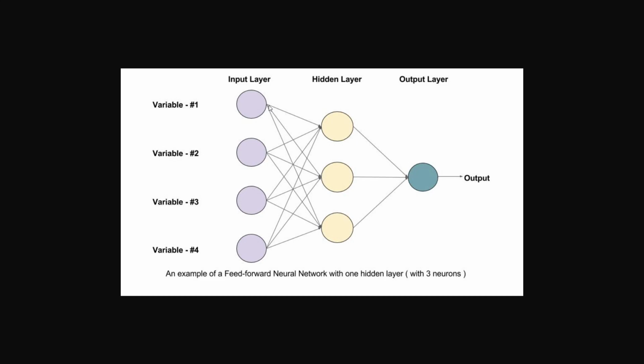So that's very brief. I hope you understood what I wanted to say. In case you still feel you need a little more understanding of neural networks, I suggest you go and watch some basic videos on how a neural network works.